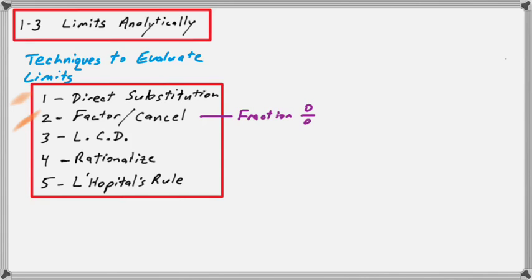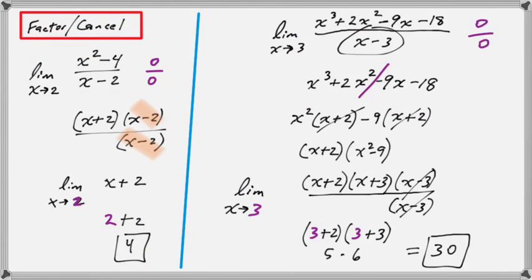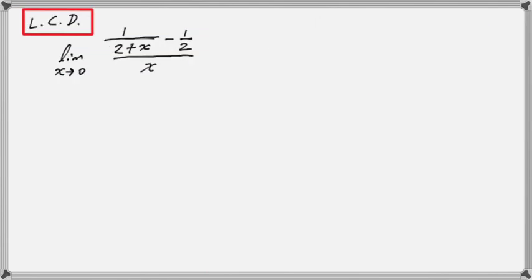Now, how about if you had least common denominator? That would be if you had a fraction in a fraction that still gives you 0 over 0, like these. 1/2 minus 1/2 makes the top a 0 over a 0. So that tells me I have to rationalize, or in this case, use the least common denominator.